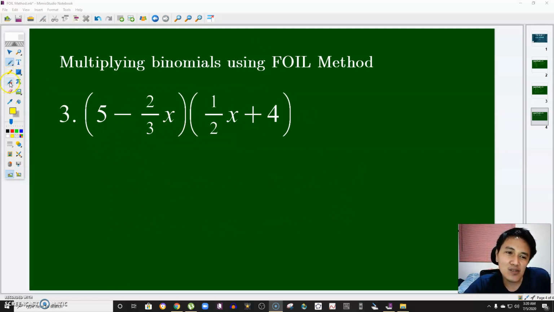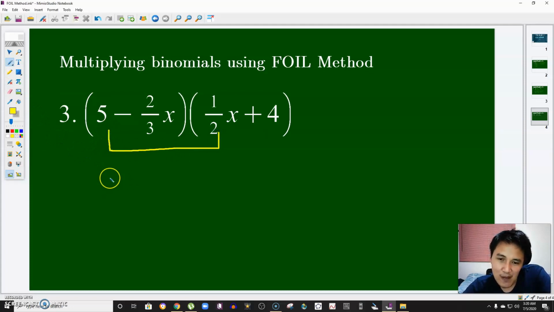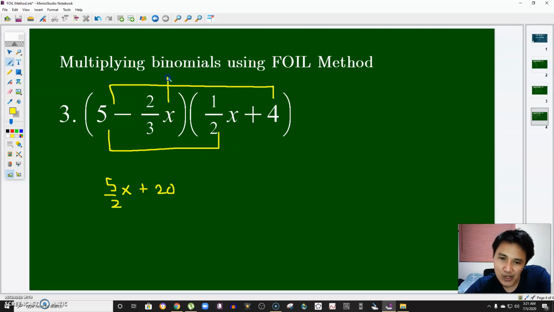the quantity 1/2 x plus 4. Okay, so same procedure. Multiply the first term, 5 times 1 half, so that's 5 halves x. Then for the outer term, multiply 5 and 4, and that is 20. For the inner term, negative 2/3 times 1 half.